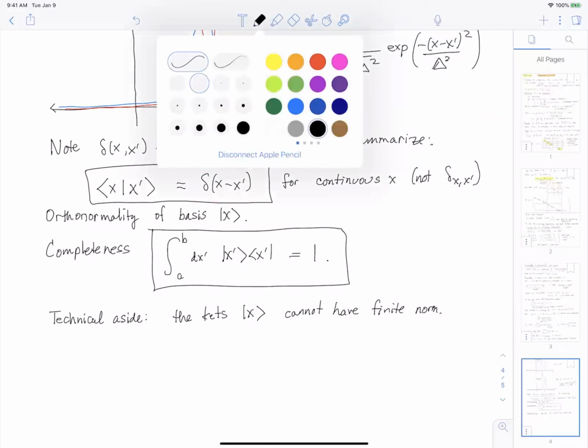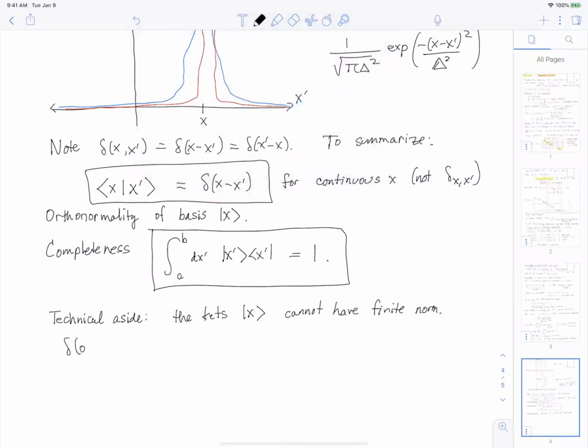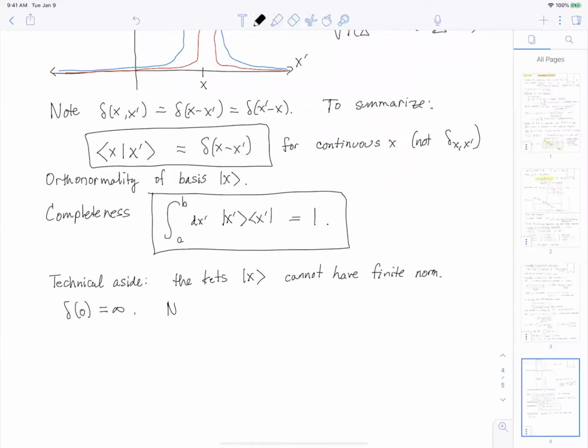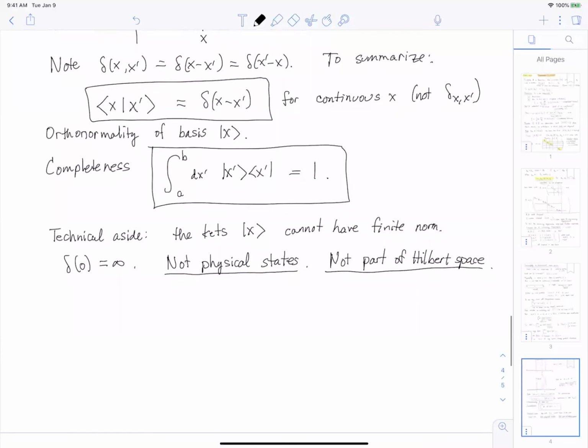But what that means is, because delta of 0 is infinity, these are not physical states. Perfect eigenstates of position are not physical states, and they're not even part of the Hilbert space because they don't have finite norm. Instead, these kets are idealizations of states with perfectly known position.